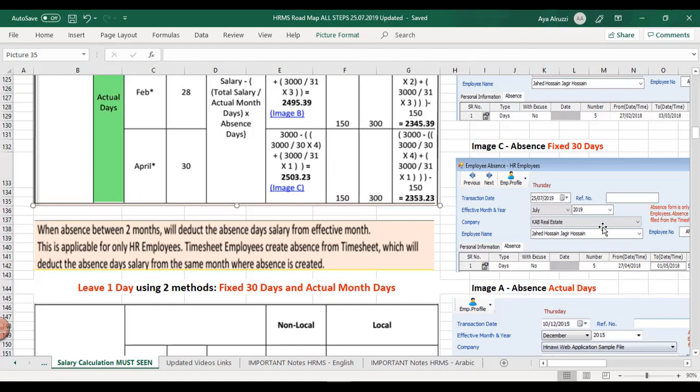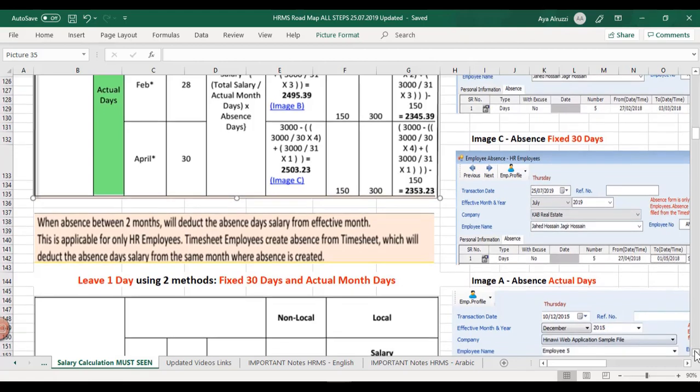And how is it going to understand the month which must have the amount deducted from? Basically from the day itself which had the absence taken. So the timesheet form will be reading the effective date or day based on the exact day of absence which was taken, or days.